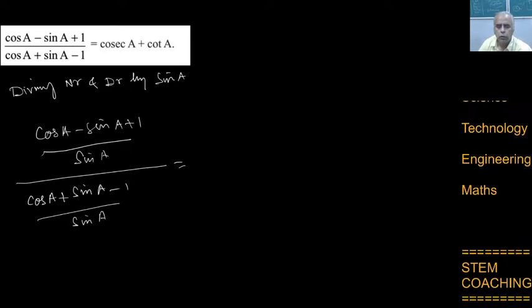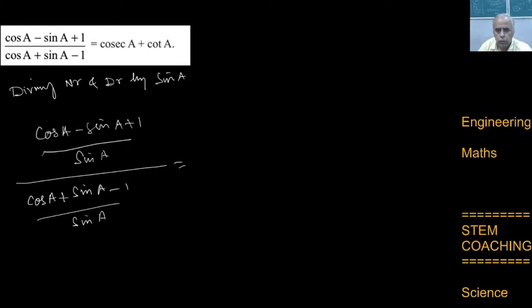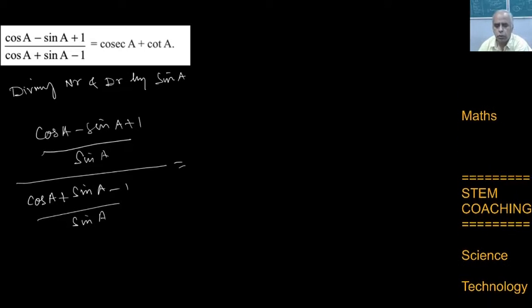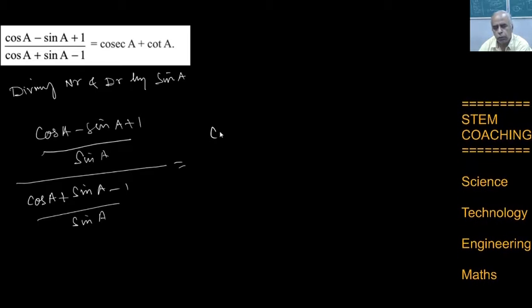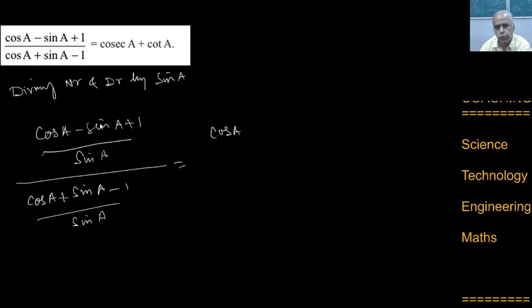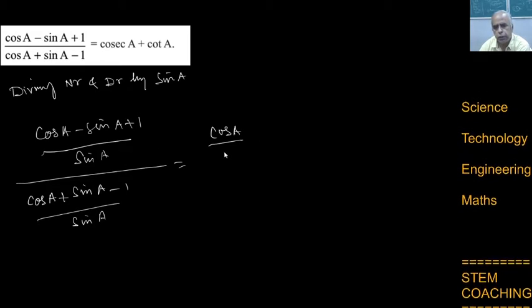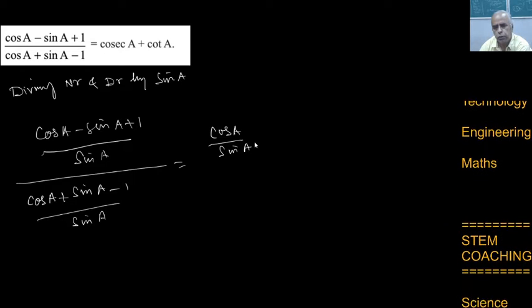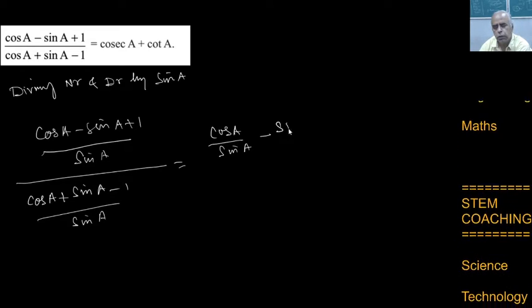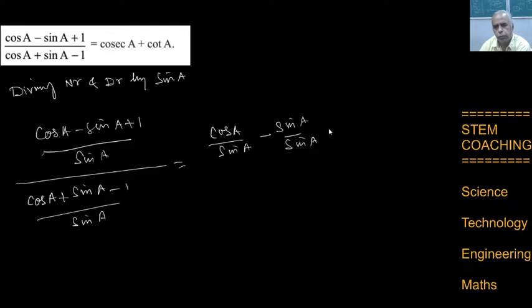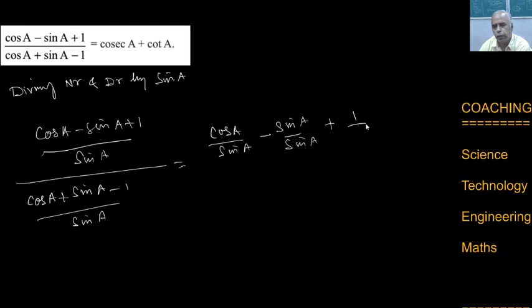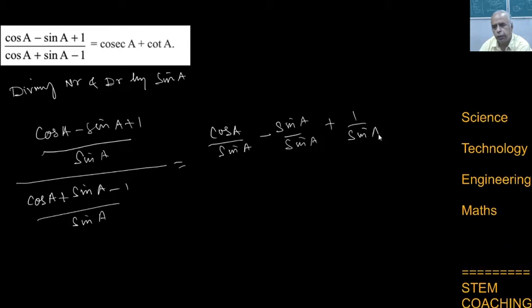Right? Now, each term can be divided by the sine term. For example, cos A, you can split the ratios. Cos A by sine A, am I right? Minus sine A by sine A plus 1 by sine A. Got it?